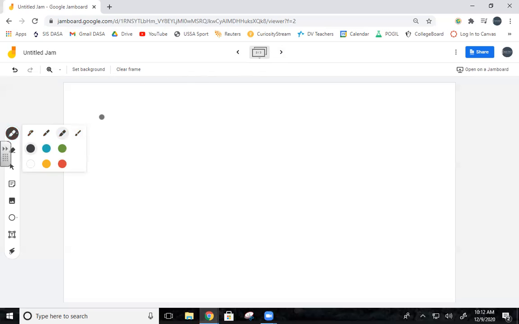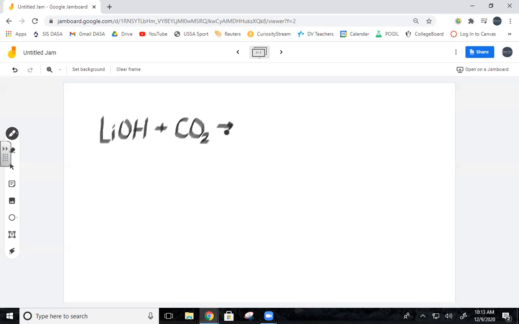This reaction is LiOH, which is lithium hydroxide, combined with carbon dioxide, makes lithium carbonate, Li2CO3, and water.